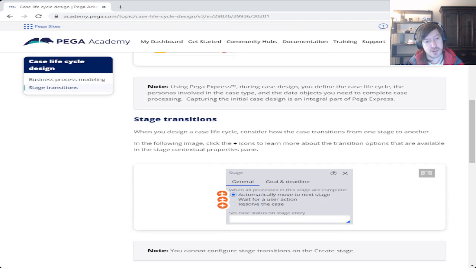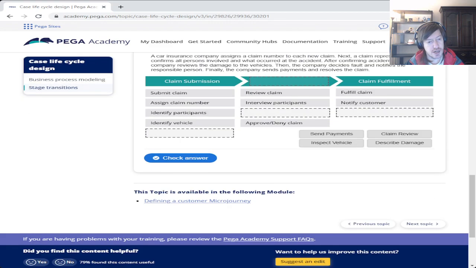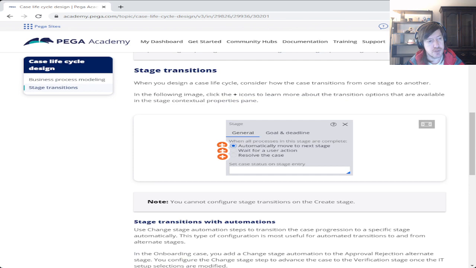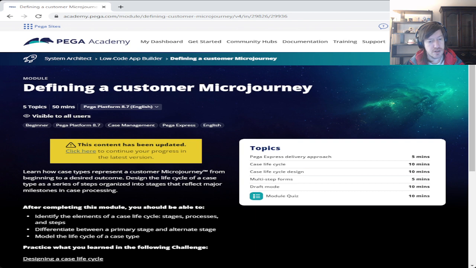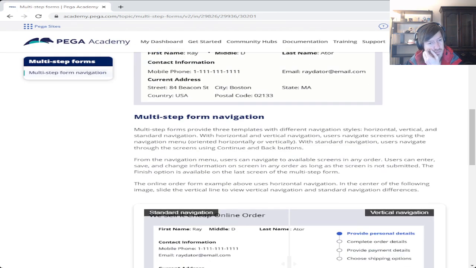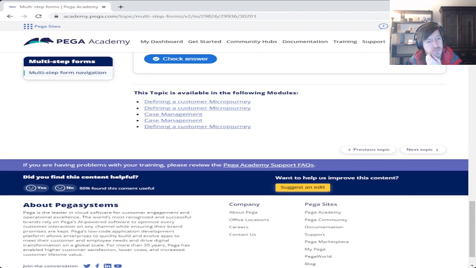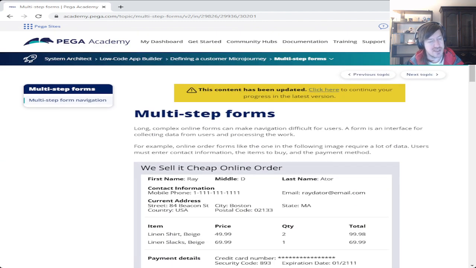We'll have to cover the case lifecycle design tomorrow, and hopefully we'll work on the multi-step forms after that. A lot of this is visuals, so it shouldn't take too long for the multi-step forms.